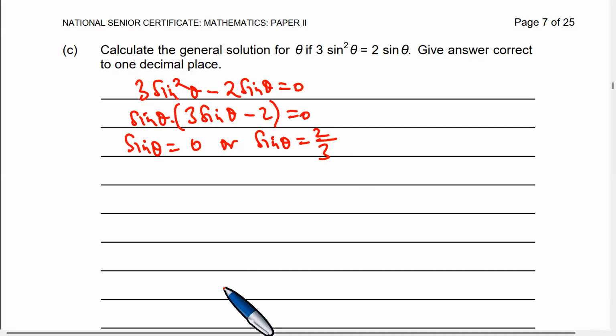So what is the answer to this here? When is the sine 0? You must get the reference angle. The reference angle is 0 degrees, or the reference angle is 180 degrees.